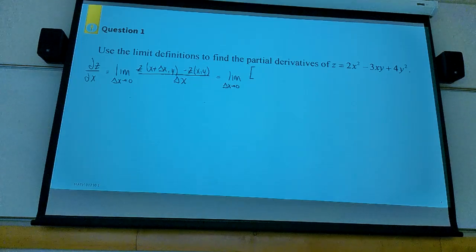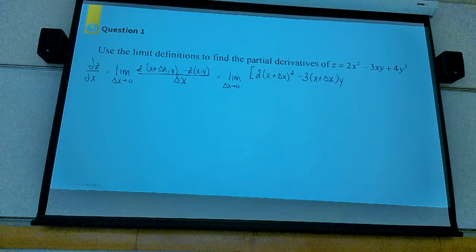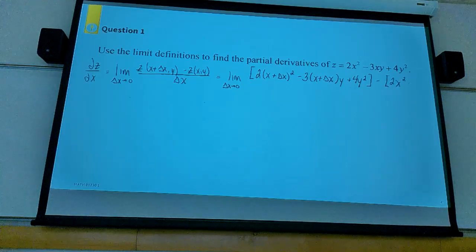Everywhere there's an x, replace it with x plus delta x, and leave y alone. Subtract out f of x, y.